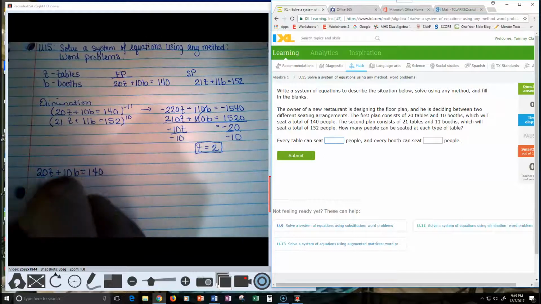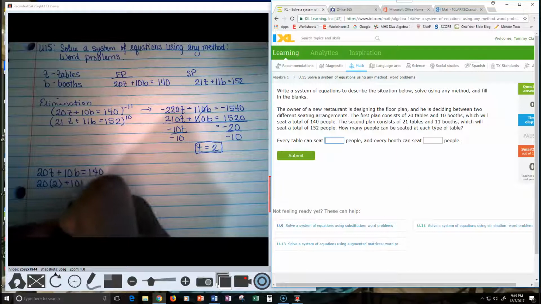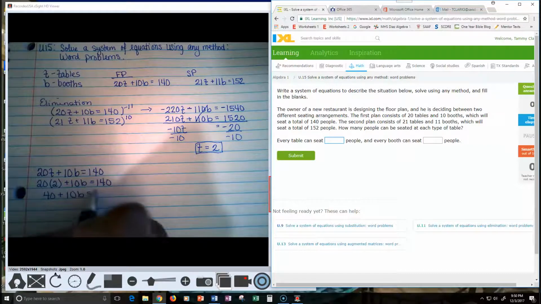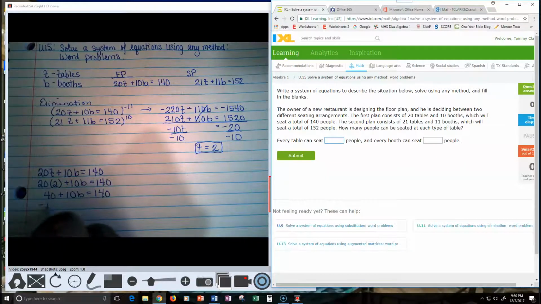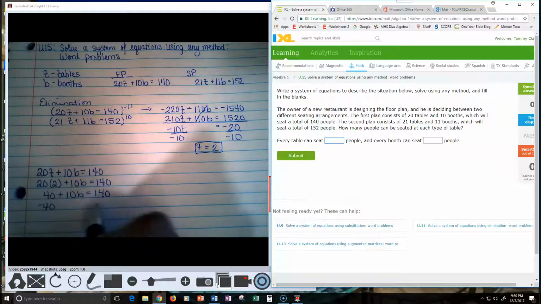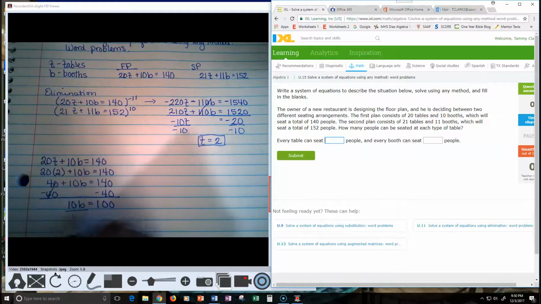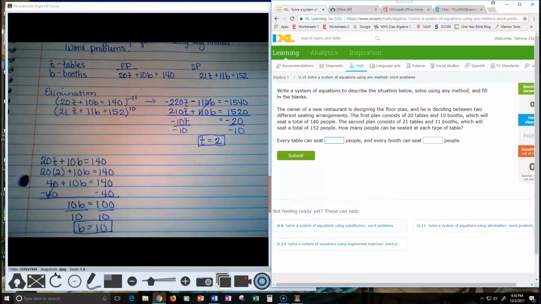I'm going to substitute 20 times 2 plus 10B is equal to 140. 20 times 2 is 40, plus 10B is equal to 140. I want B alone, so I'm going to subtract that 40. 10B equals 100. Divide by 10 on both sides of the equation, therefore B is equal to 10. So each booth could hold 10 people.